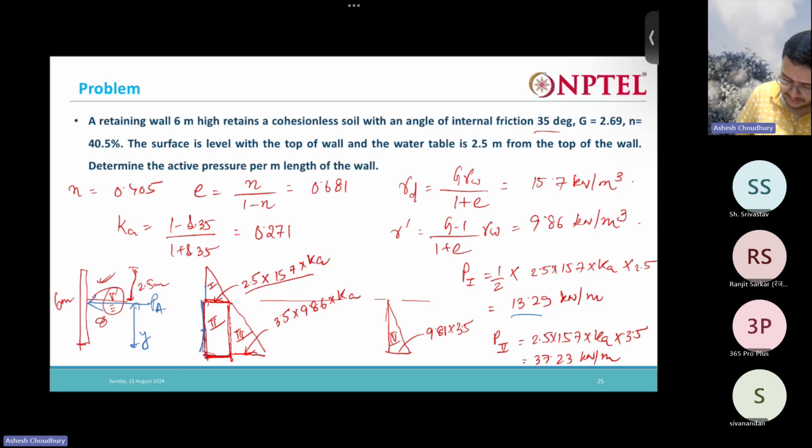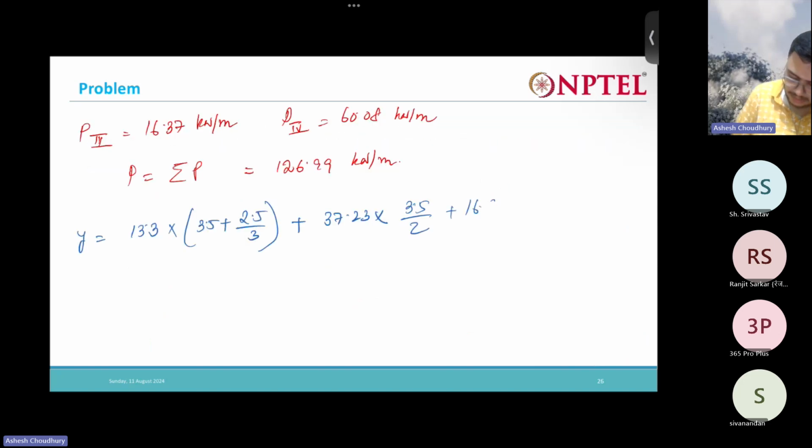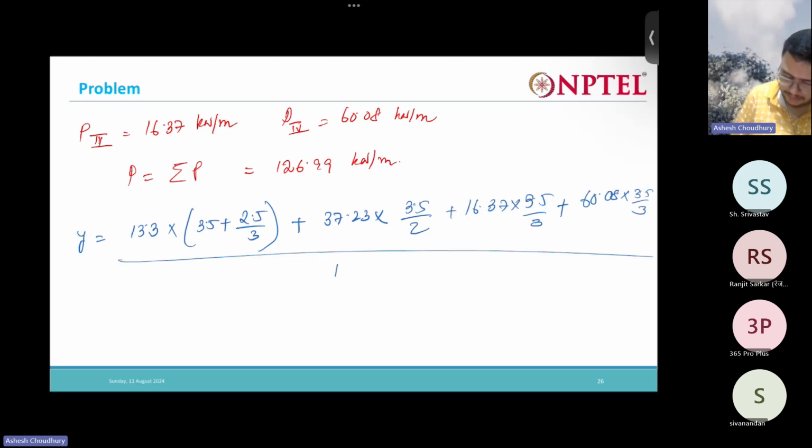So 16.37 into 3.5 by 3, plus the last one, 60.08 times the same 3.5 by 3, divided by the total. This one will come out as 1.68 meters. Okay, so the total active earth pressure of 126.99 kilonewton per meter is acting at a height of 1.68 meter.